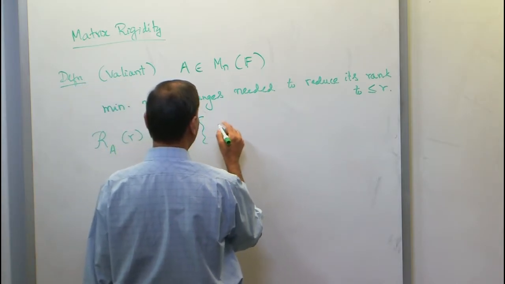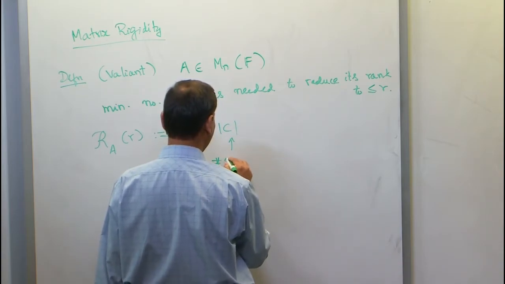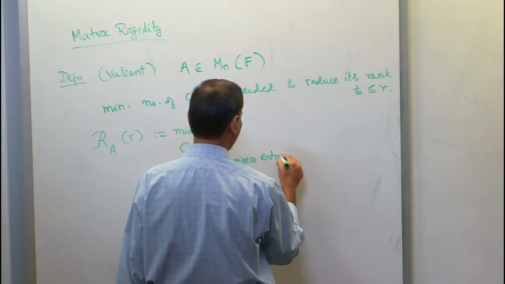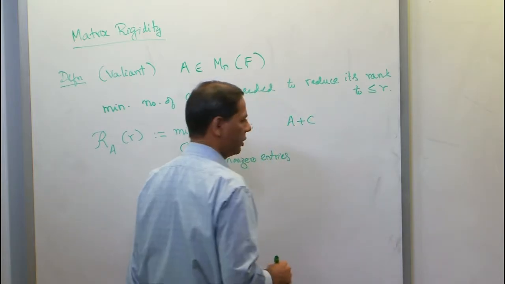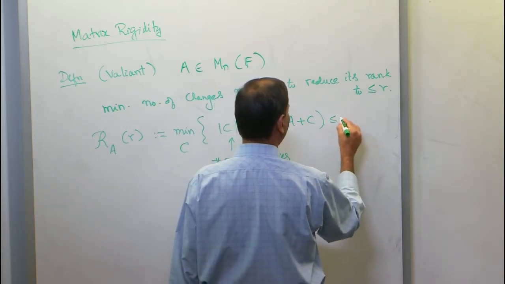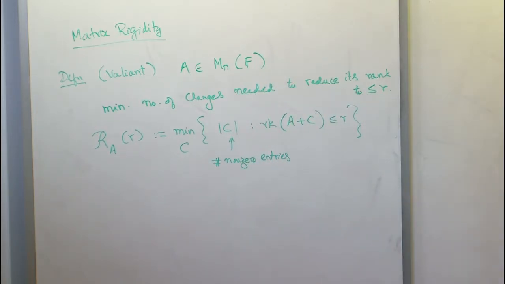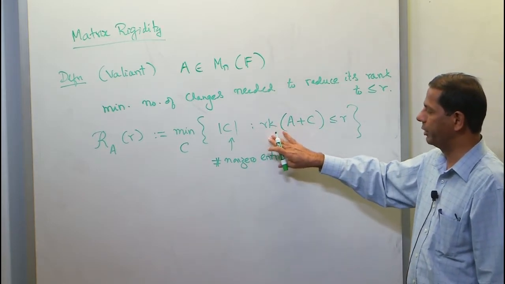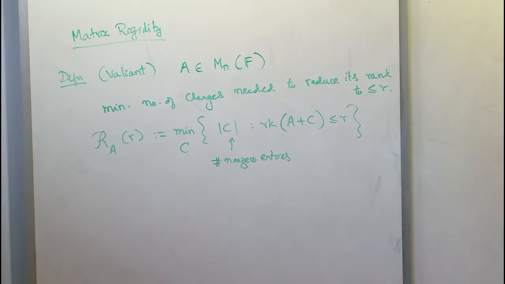It's the minimum number, where this notation is the number of non-zero entries in a matrix, over all such matrices C, which we call the change matrix, so that when you add the change matrix, the rank becomes at most R. So the least number of changes that you can make to the entries of A so that its rank becomes at most R. Okay, so that's rigidity.